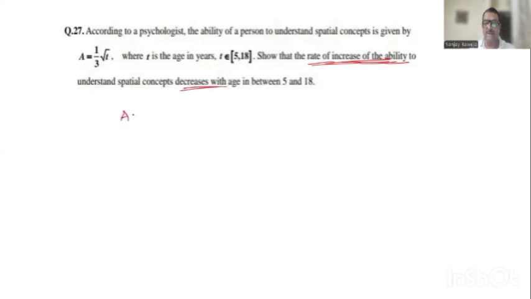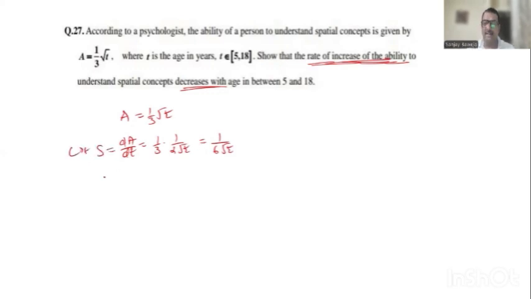So if A is given to you as 1 by 3 root t, then dA by dt is equal to 1 by 3, and the derivative of root t is 1 by 2 root t. So this is 1 by 6 root t. That is dA by dt. Let dA by dt be equal to s.